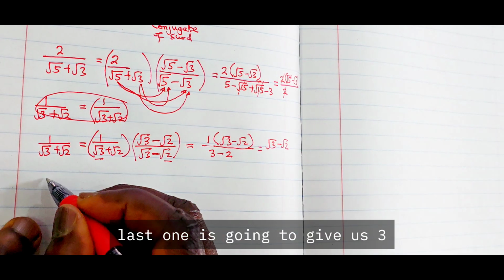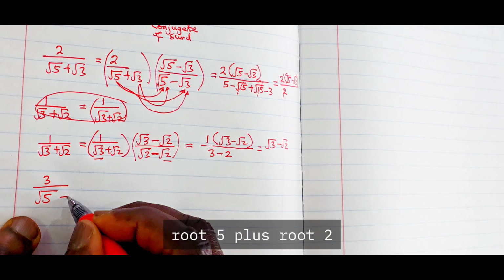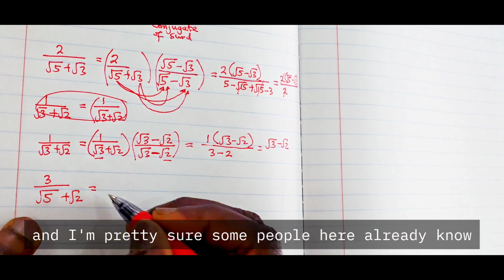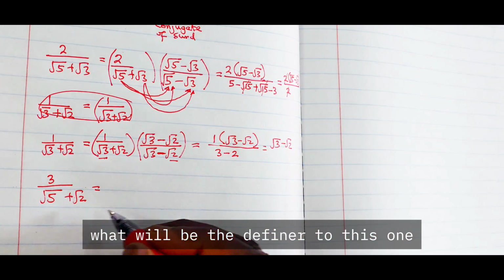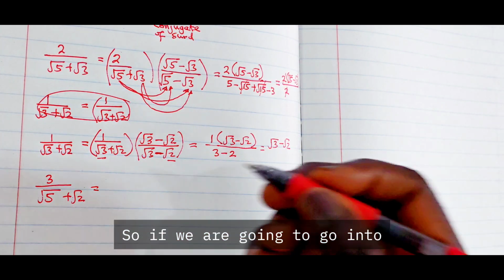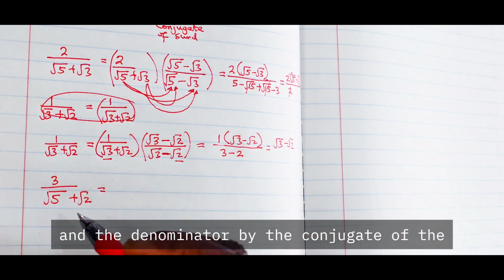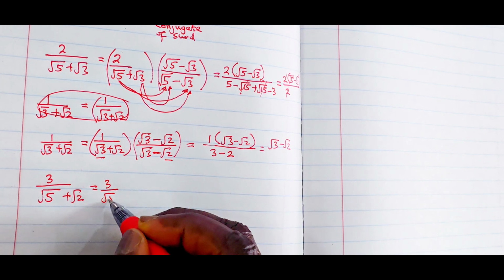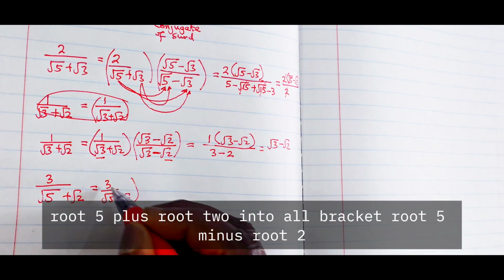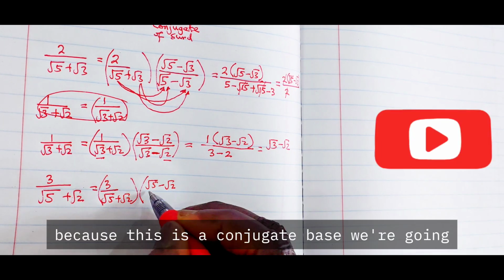So the last one is going to give us 3 over the root 5 plus root 2. And I'm pretty sure some people here already know what will be the final to this one. So if we are going to go into multiplying the numerator and the denominator by the conjugate of the surd, we're going to have 3 over root 5 plus root 2 into all bracket root 5 minus root 2, because this is a conjugate base.